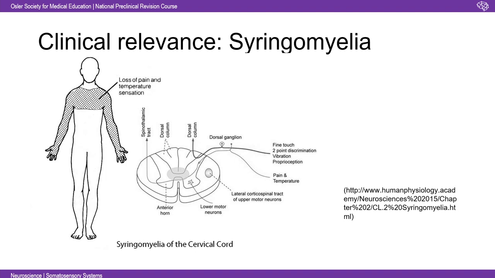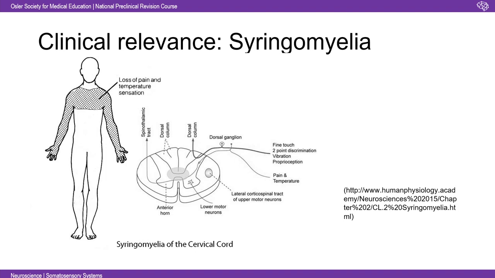So if we think back to the neuroanatomy of the anterolateral system, you'll remember that the second order neuron, having begun in the dorsal horn of the spinal cord, then quite soon after decussates in the anterior commissure to then ascend on the opposite side of the body. And it's in this decussation that the fibers are affected.